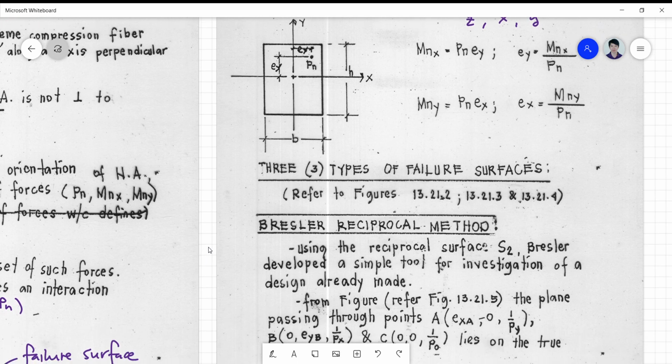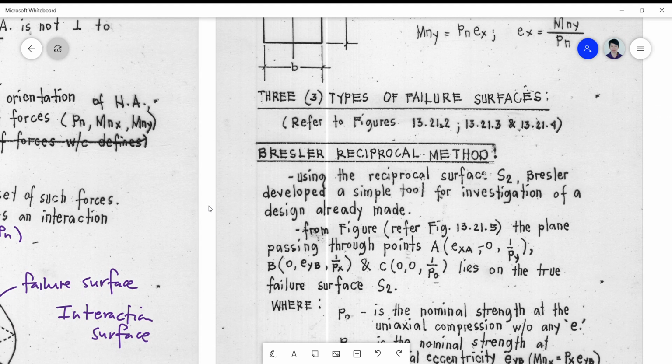So there are three types of failure surface given in figures 13.2.1, 2, 3, and 4. And the first one is of course the Bresler method, which is known as the reciprocal method. So Bresler did not use the normal failure surface, rather Bresler used the reciprocal surface, and he developed a simple tool for investigation of a design which is already made. And this is an approximate method.